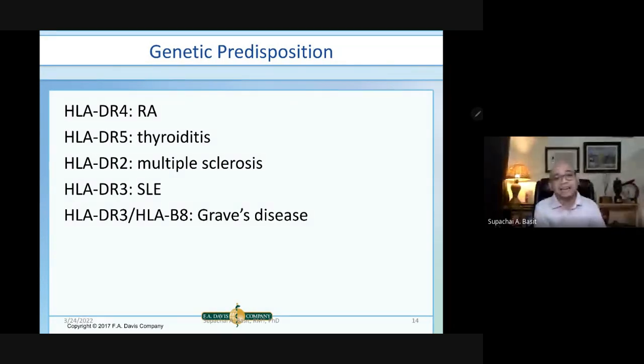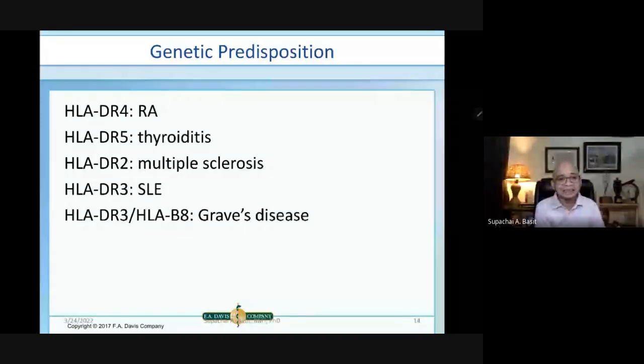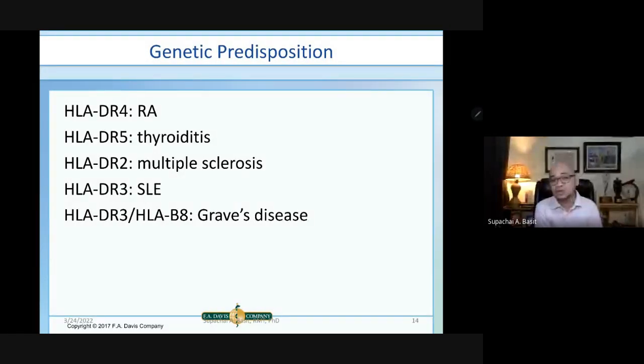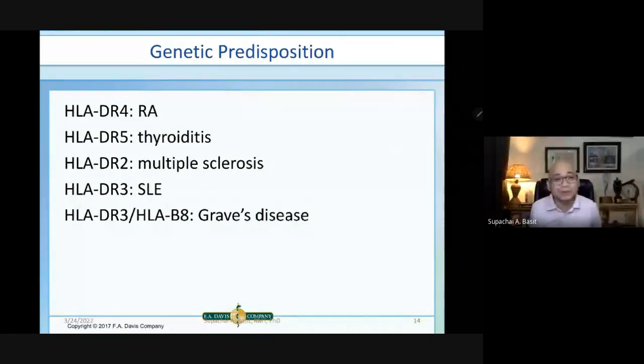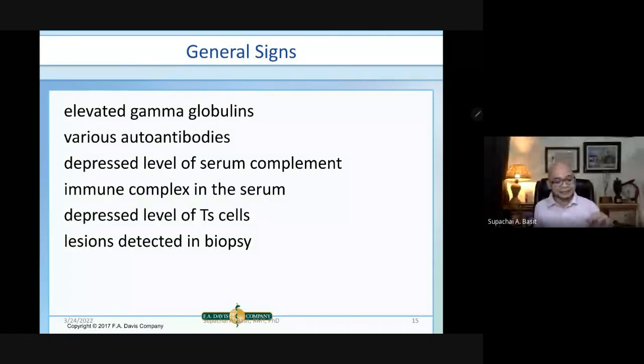If you have HLA-DR3, systemic lupus erythematosus. And alongside HLA-B8, you are genetically predisposed to have Graves' disease. These are just a few examples of genetic predisposition of people to autoimmune diseases.